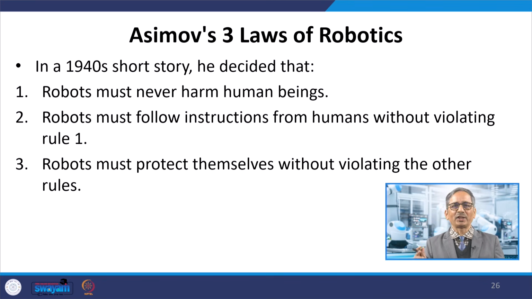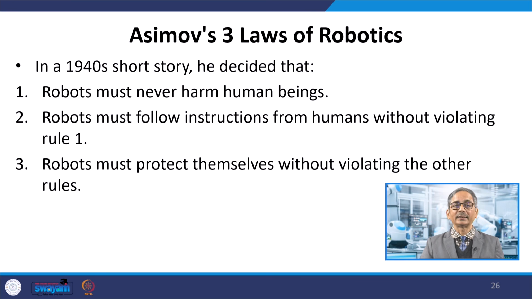There were three basic laws of robotics which were introduced by Asimov. There were so many apprehensions in the minds of people when robots were introduced, so Asimov introduced these three laws. The first one is that a robot must never harm a human being. The second law is that a robot must follow instructions from humans without violating rule 1.